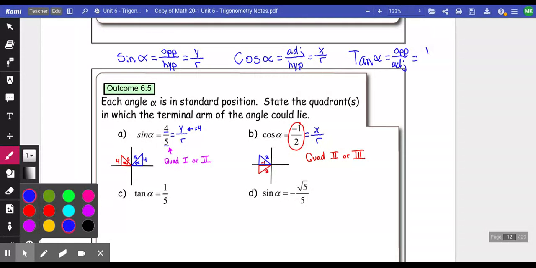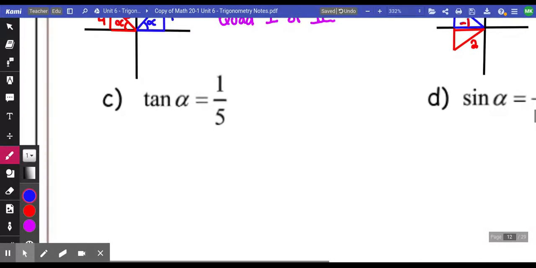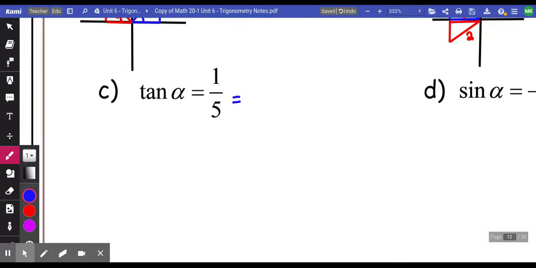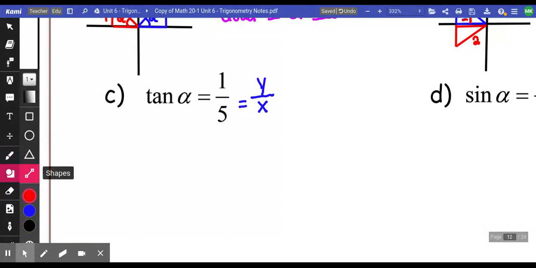Opposite is your y, adjacent is your x. So they have told you that you have a y value and an x value of 1 over 5. Oh, sorry, that's a y and an x. Sketching this one's probably the hardest one to sketch.